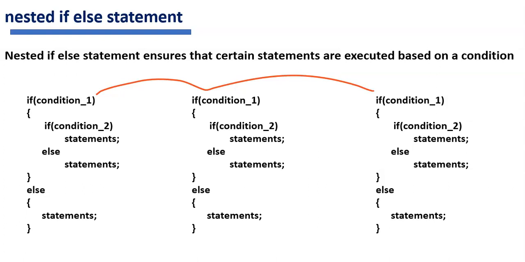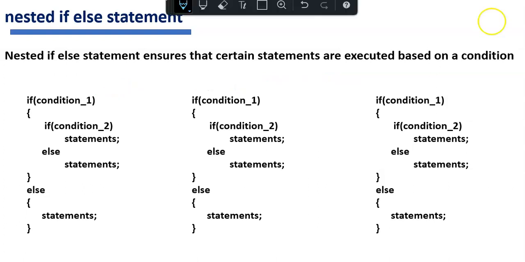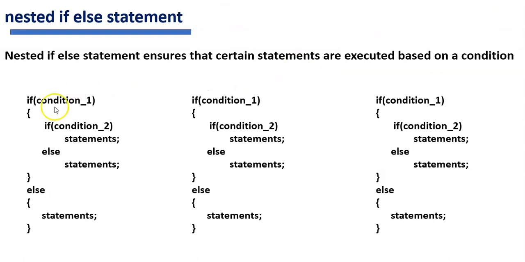Now we will understand. Observe here, what is the syntax? This is one syntax of nested if else statement. If condition 1, then observe there is an outer if else statement. In the if block there is again another if else statement.